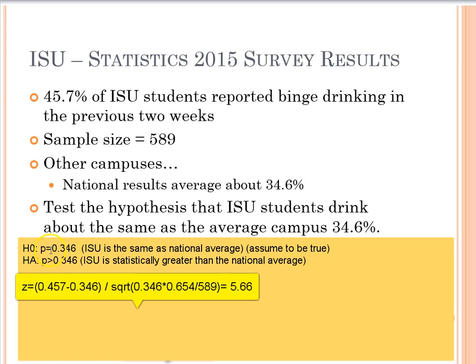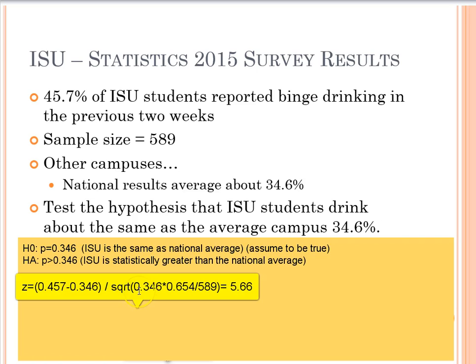So we're using the null hypothesis to create a distribution, and we're saying how unusual is our sample with this distribution. So our sample always goes first, and then what goes second is what our null hypothesis is, and then what we divide by is a standard deviation using that null hypothesis.